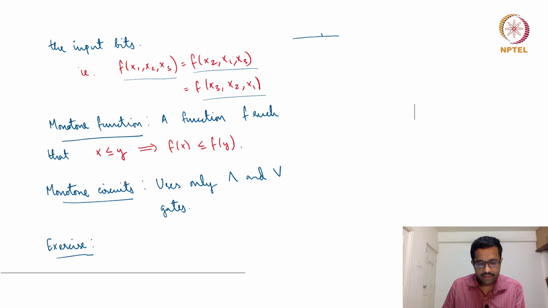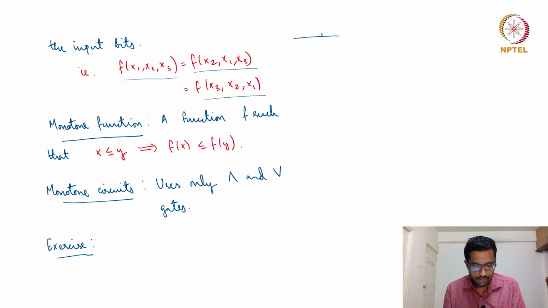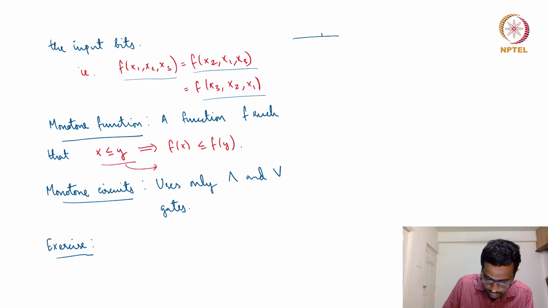The next definition is monotone function. A monotone function is a function where if x is less than or equal to y, then f(x) will be less than or equal to f(y). In the regime that we are in, we are talking about n-bit vectors as inputs and 0/1 as output. When I say x is less than or equal to y, I mean it in a bitwise manner.